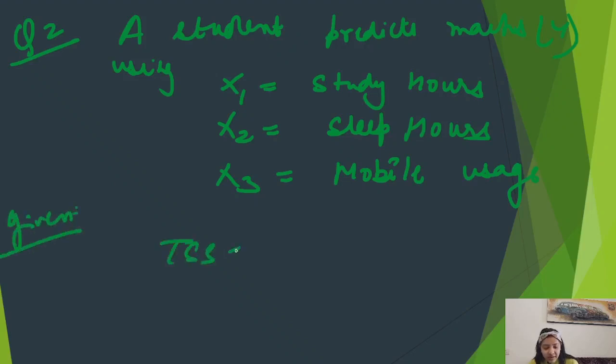We are given TSS, which is equivalent to 2000, RSS, which is equivalent to 1500, N equal to 40, and the number of predictors is 3. Again we have to compute the value of the F statistic and interpret it. So again substitute the values.